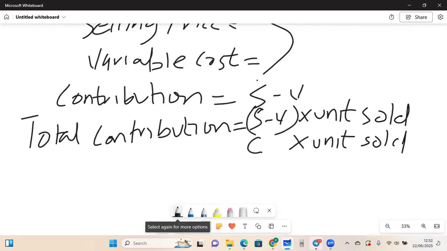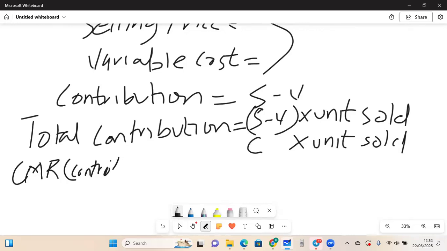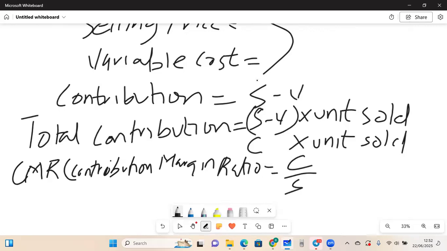Now, we can move on to contribution margin ratio, CMR. Contribution margin ratio is basically the contribution that we have up here, all divided by the selling price. So it is contribution over selling price.